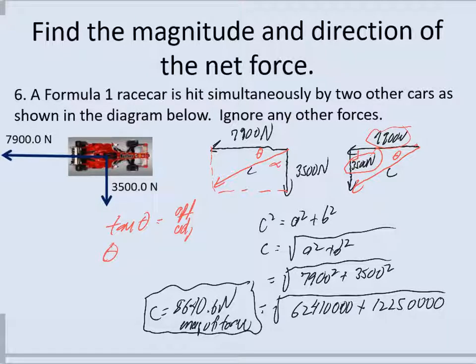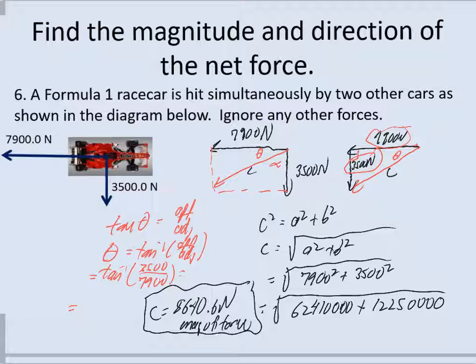Inverse tangent on both sides of opposite over adjacent. Now I just have to plug in my numbers. The inverse tangent, opposite side would be 3,500. Adjacent side would be 7,900. And the inverse tangent of 3,500 over 7,900. By the way, make sure you're in degree mode here.